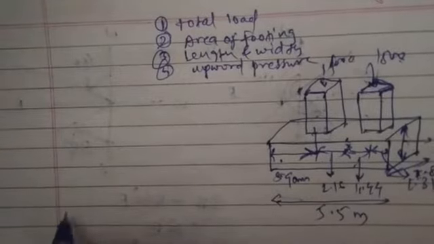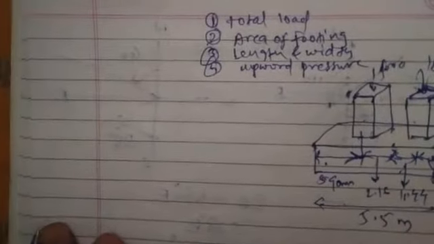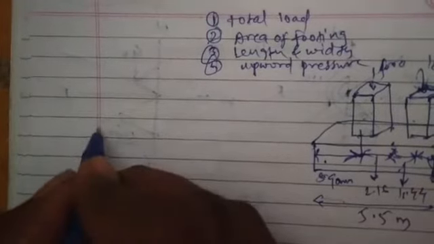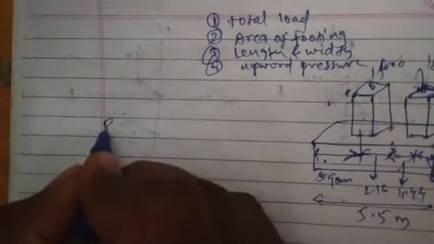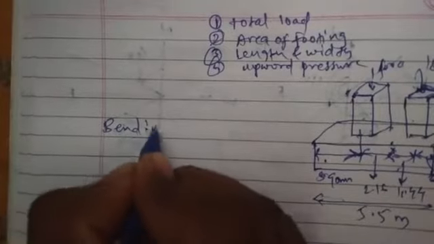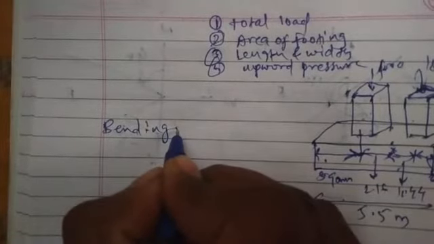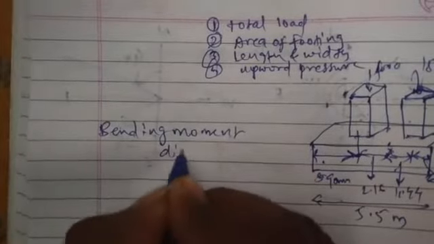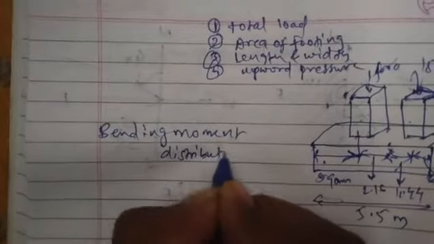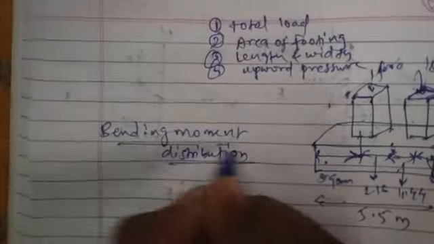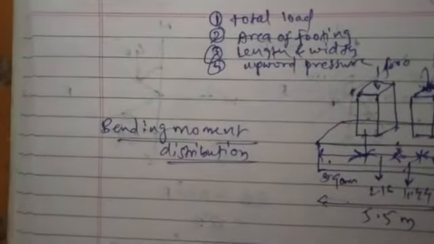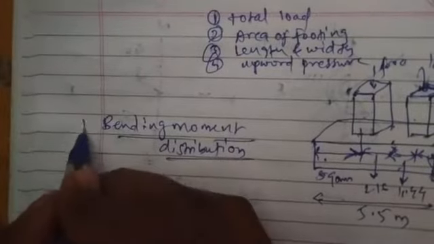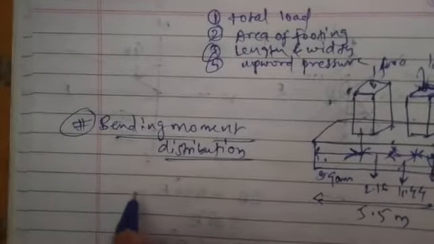Okay, so for calculating the depth of footing, we require some data which is the bending moment distribution. We'll calculate bending moment distribution first. We'll see the bending moment acting at different points, and we'll calculate the depth for maximum bending moment.